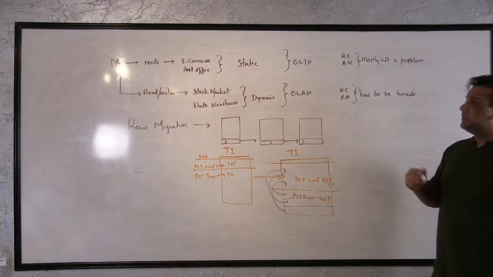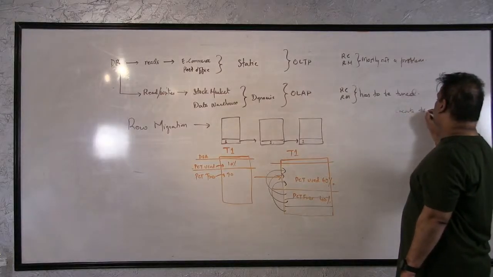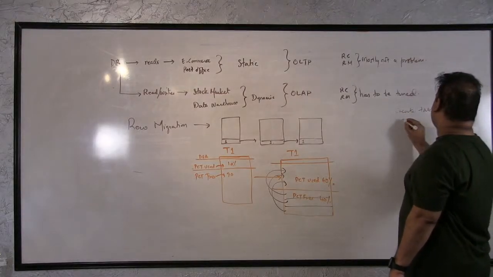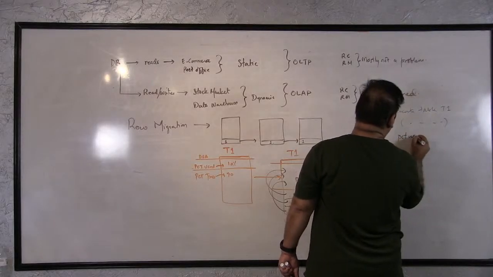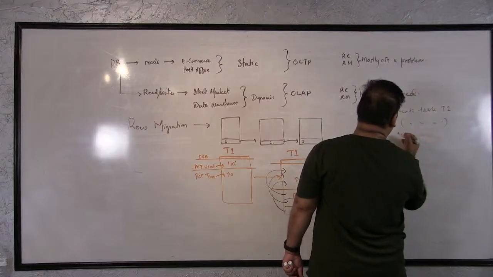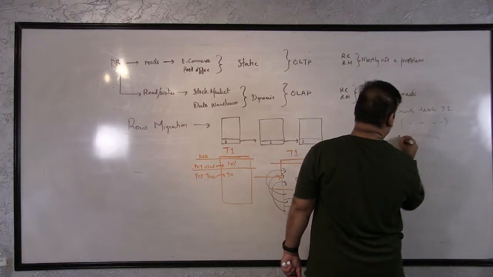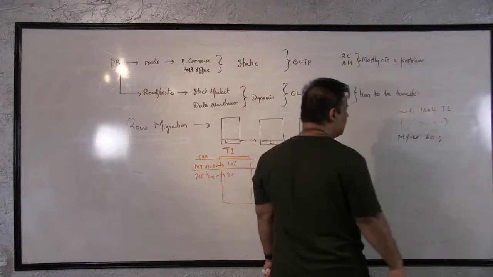So it's a very simple command. We will simply say create table T1, and then you give all these values, and you say PCT used is 40%. Or I think it's either one of those, and then the remaining is the other one. I think it's called PCT free is 60. We execute this.